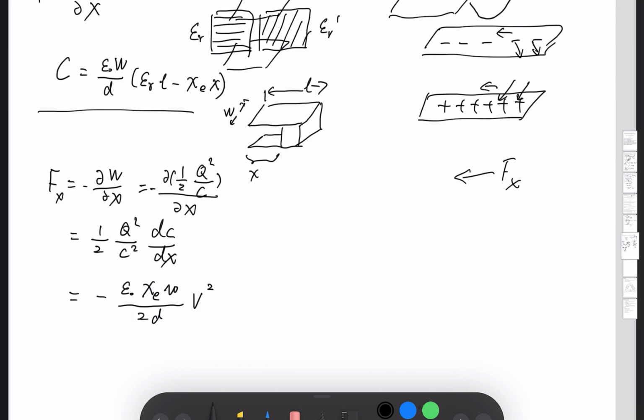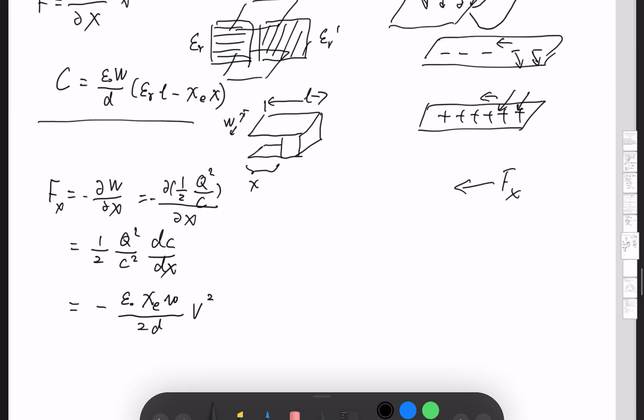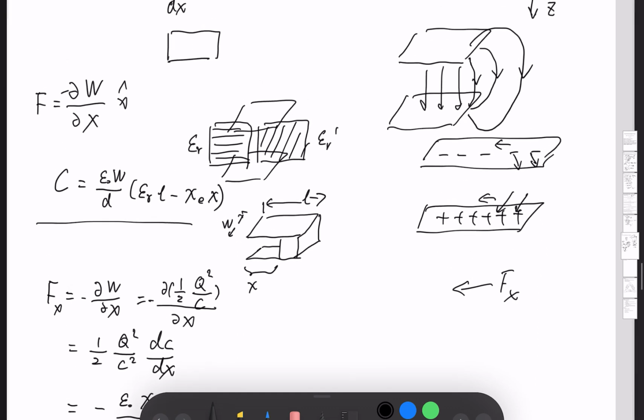So you can see that even though this force is due to the very complicated fringe field, we didn't need to know anything about the fringe field, and we are still able to calculate the force exerted by it.